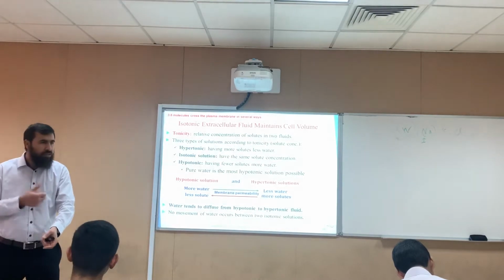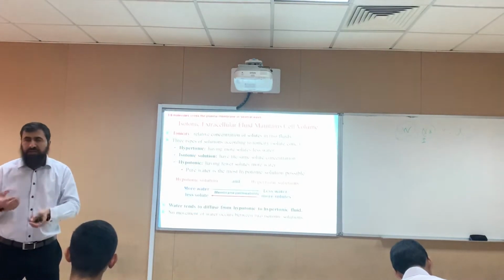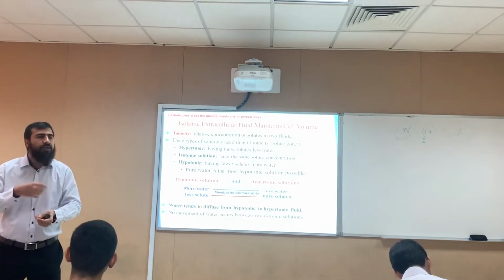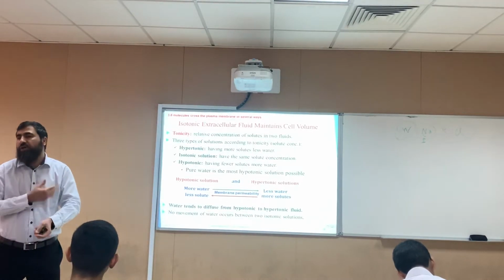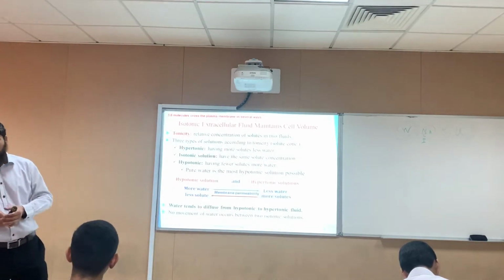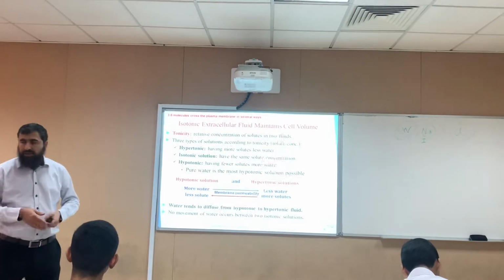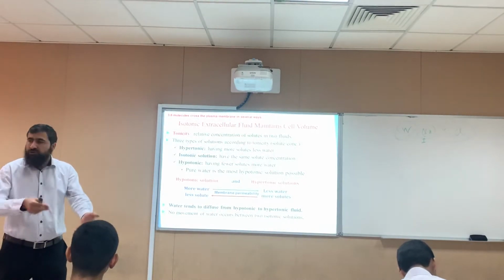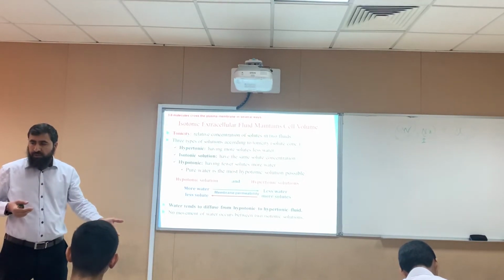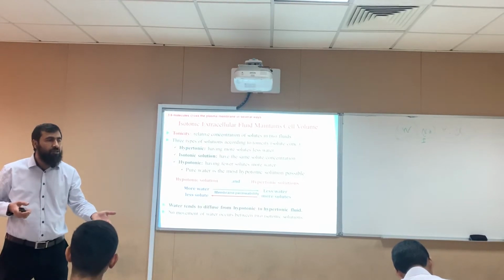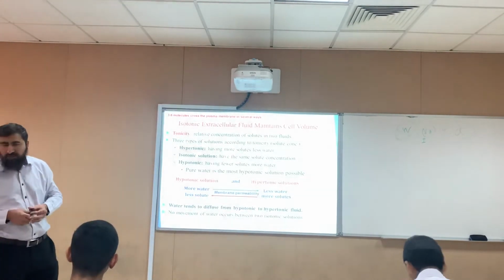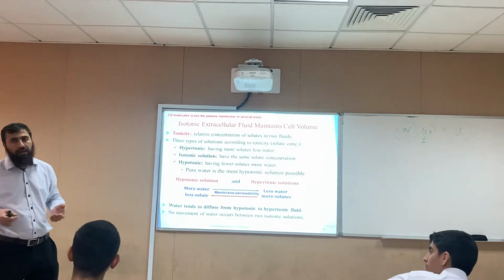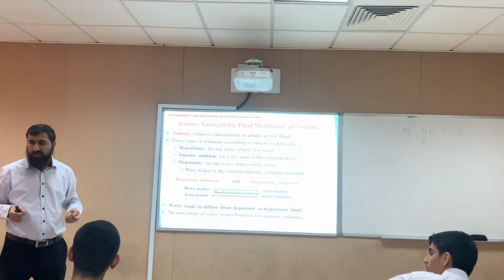So when he injects any medicine or antibiotic dissolved in it, it won't affect our blood cells. It'll probably kill you if you put a drip with pure water, because you're changing the tonicity and making the blood more hypotonic.